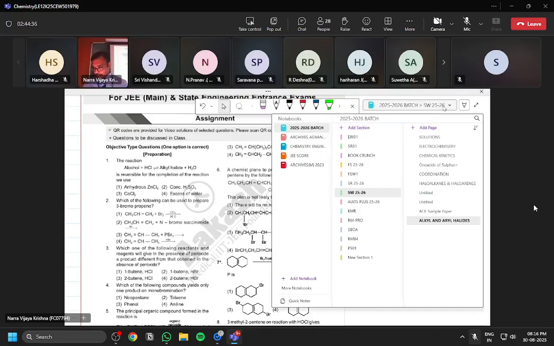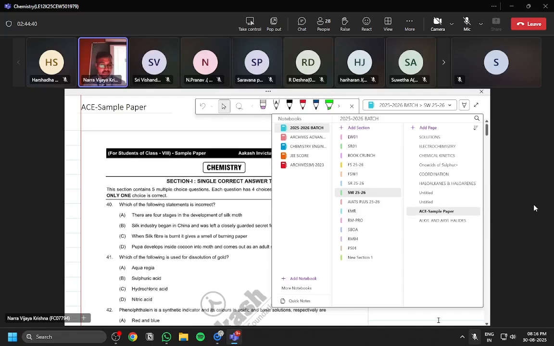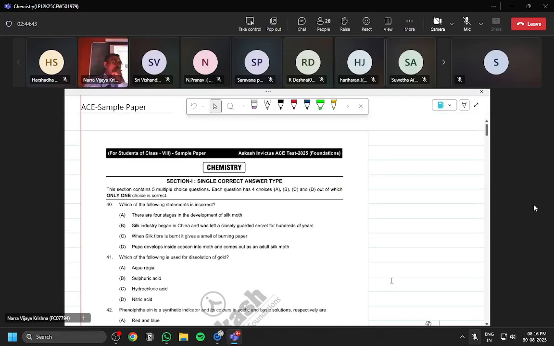Oh, one more paper is there, sir. Tomorrow, everyone is writing one ANTE paper, na? ACE ANTE. Do you know this? From coming year, we are not giving admissions to everyone. From coming year onwards, there is a selection process. Till now, anyone can pay the fees and join, na? So it is like a time pass place.